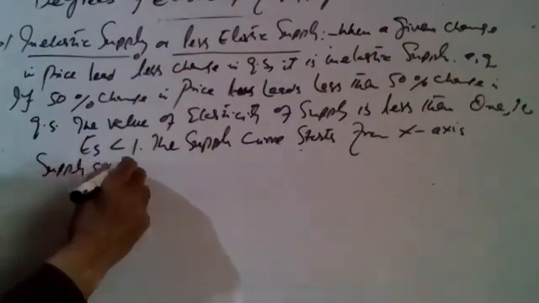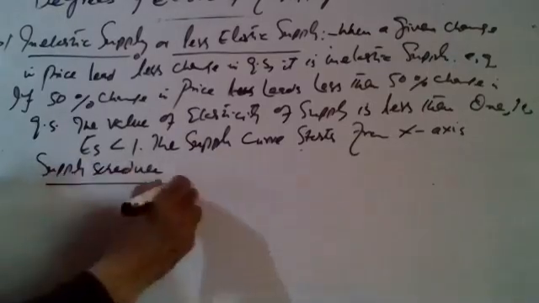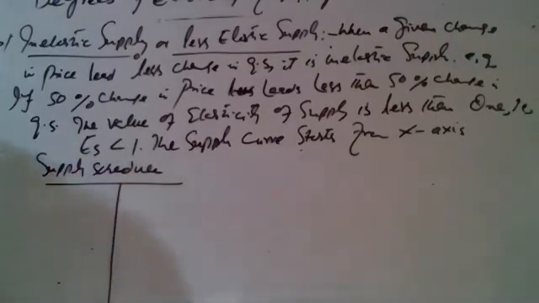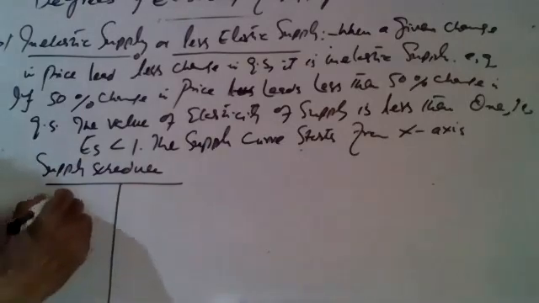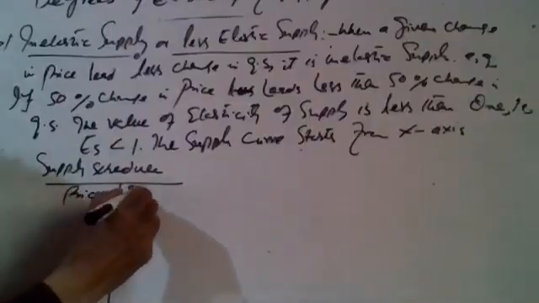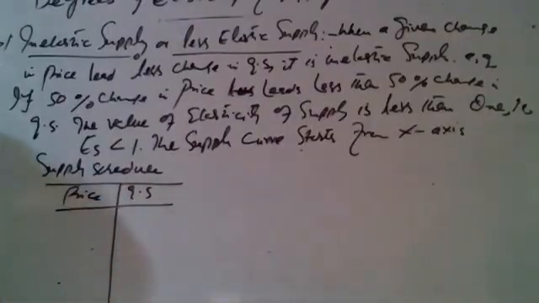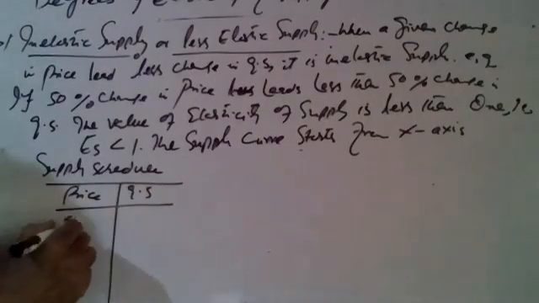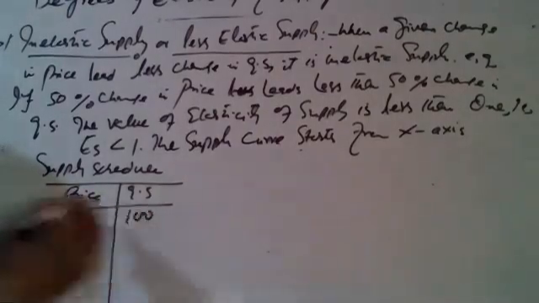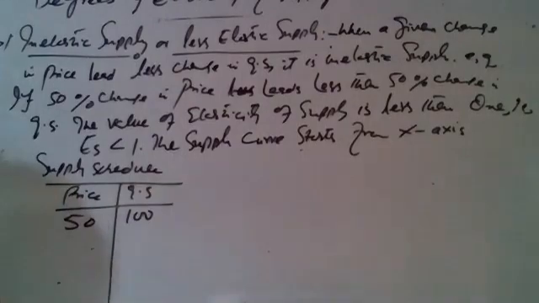Supply schedule. We have price and we have quantity supply. For example, price is 50, quantity supply is 100. Say we change price by 50%. It increases from 50 to 75.